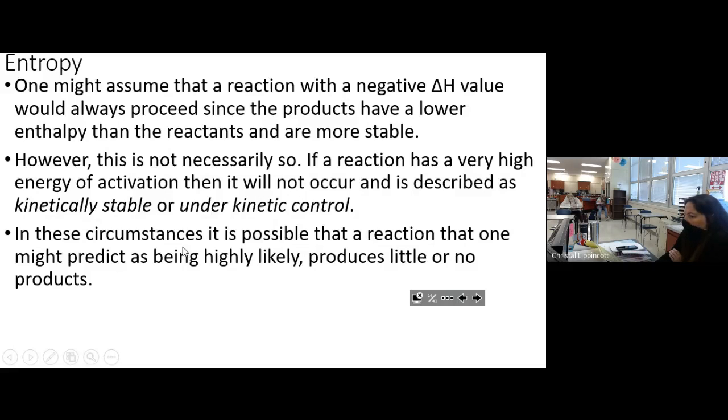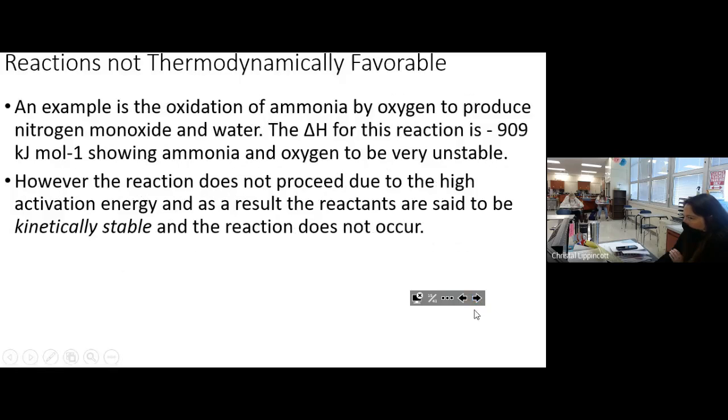In these circumstances, it is possible that a reaction that one might predict as being highly likely produces little or no products. So an example is the oxidation of ammonia by oxygen to produce nitrogen monoxide and water.